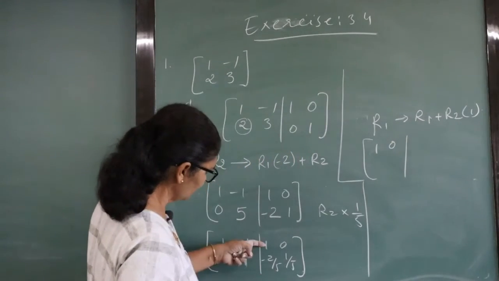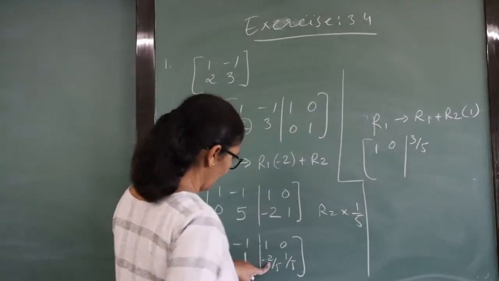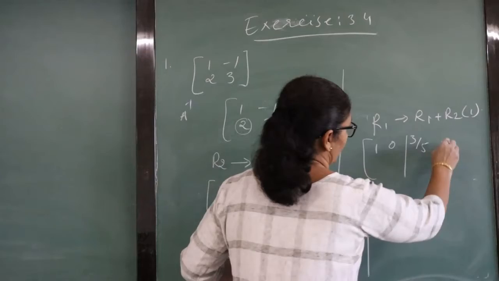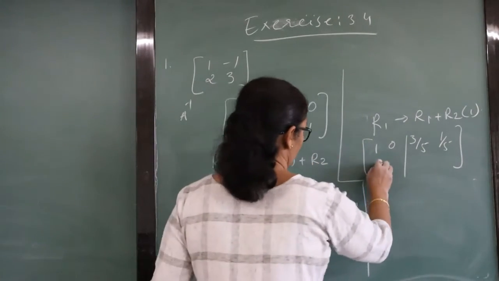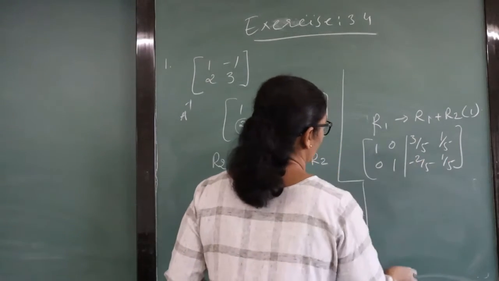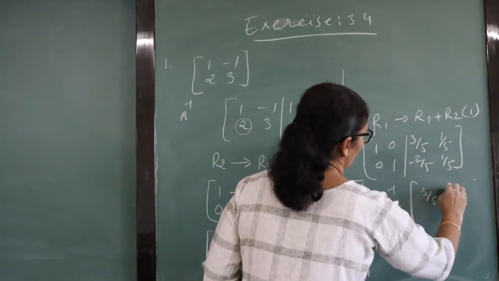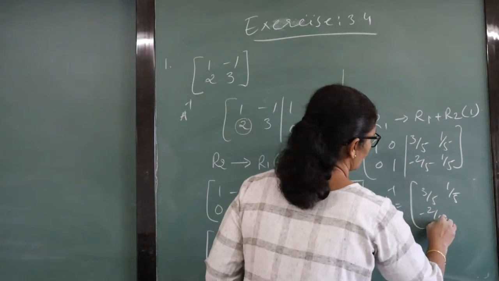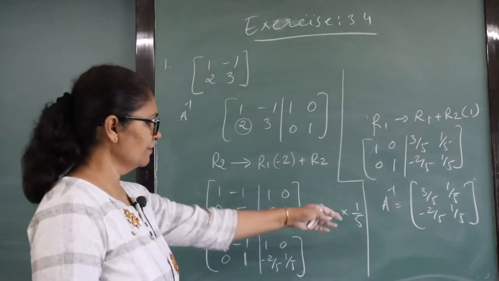Add this one directly, 1 minus 2 by 5, so 3 by 5, and 0 plus 1 by 5 will be 1 by 5. Now keep this as it is: 0, 1, -2 by 5 and 1 by 5. Now what is your inverse? 3 by 5, 1 by 5, -2 by 5 and 1 by 5. This is the inverse of A.